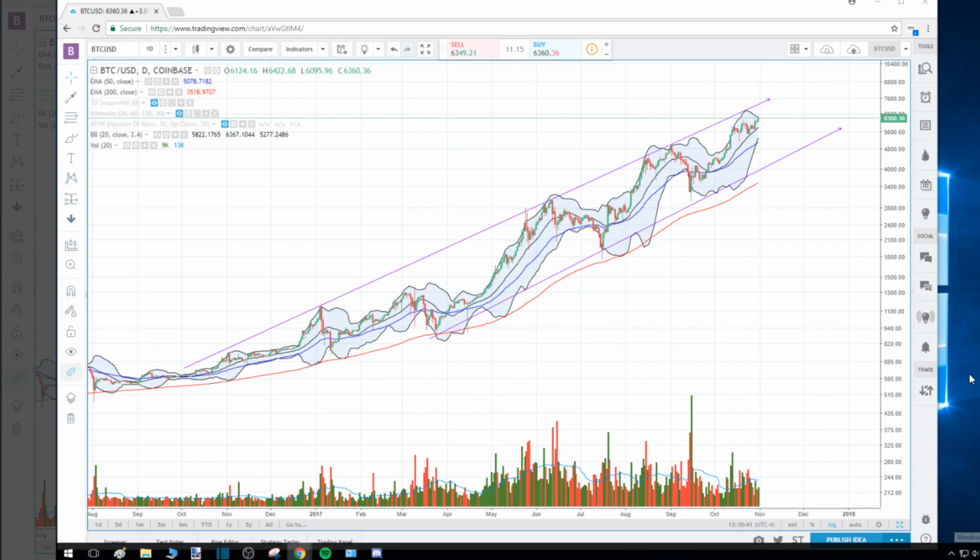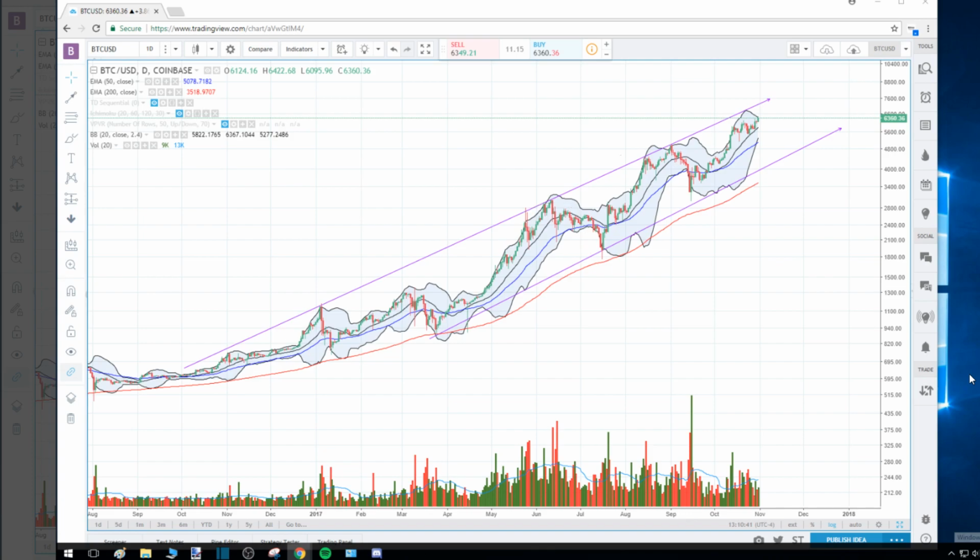As it approaches the upper band, it becomes more overbought, and vice versa. As it goes toward the lower band, it tends to be considered more oversold. A puncturing of the band at the bottom would indicate a sort of spring that's going to go upward, and a puncturing of the band at the top would indicate an upthrust that's going to reverse it downward.